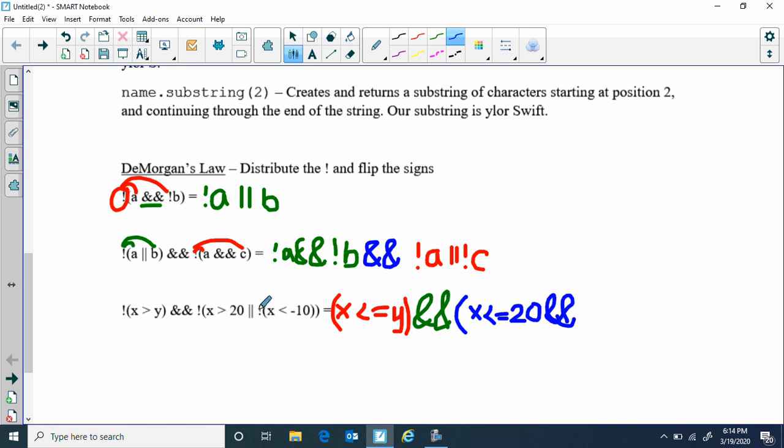Now notice we have another set of parentheses with a not here. So first we are going to distribute this initial not right here, which would turn us into X is greater than or equal to -10. Then we have to distribute this other not, which would then turn us back to X is less than -10.